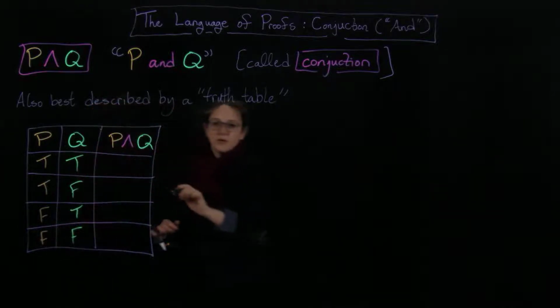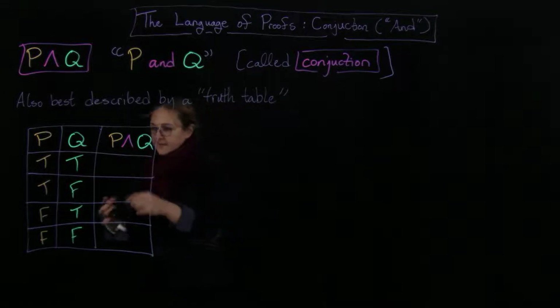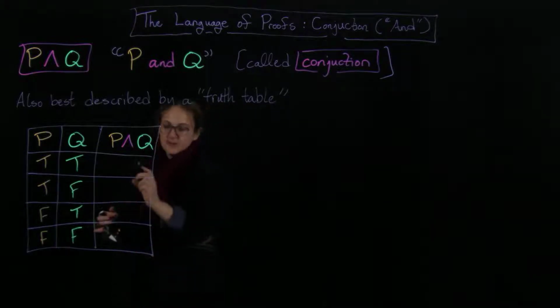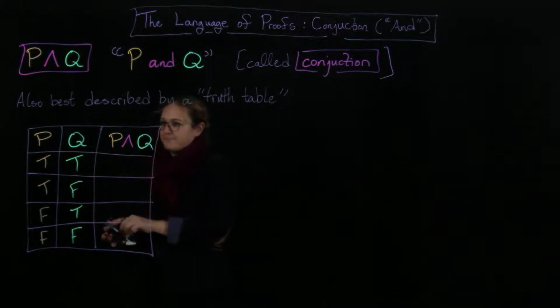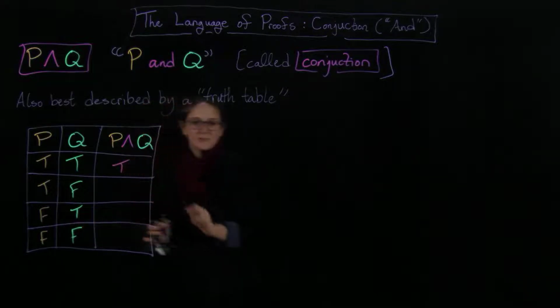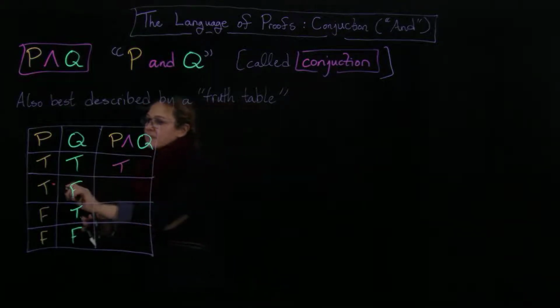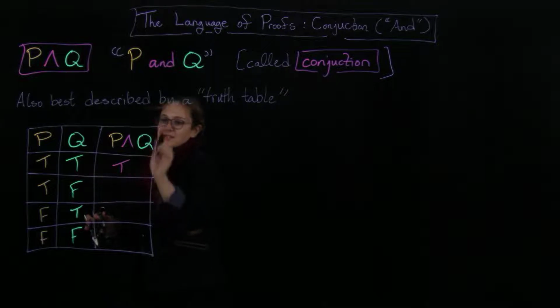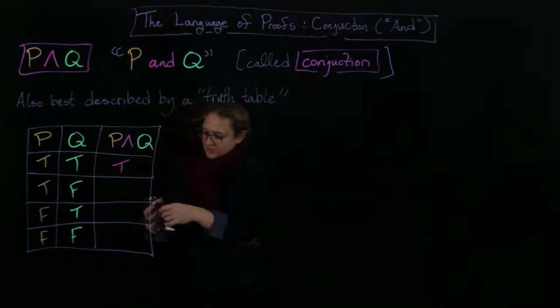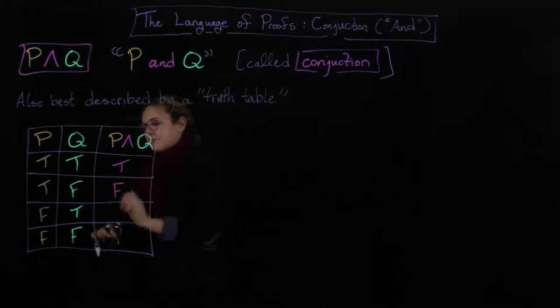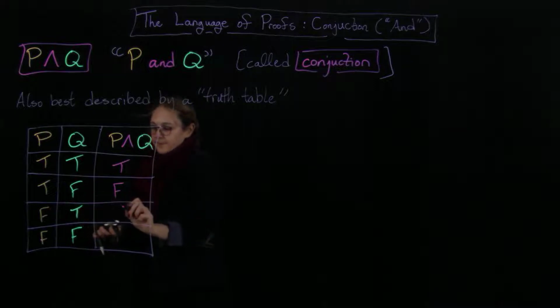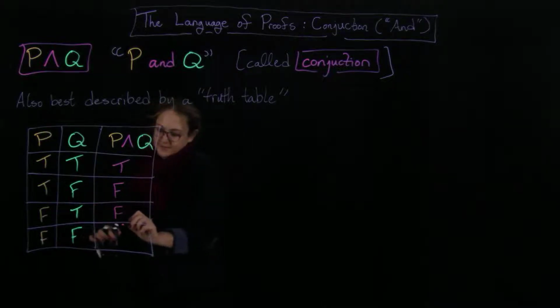If both of them are true, then P and Q is also going to be true. If P is true, but Q is false, then it's not true that both of them are true, so altogether it's going to be false. Similarly here, and if both of them are false, this is false.